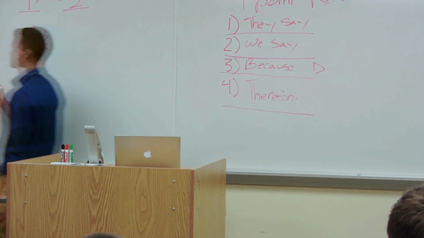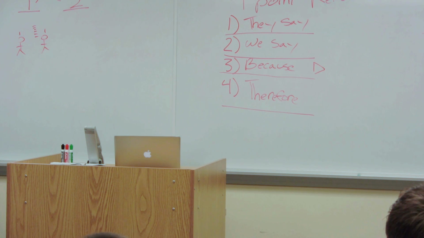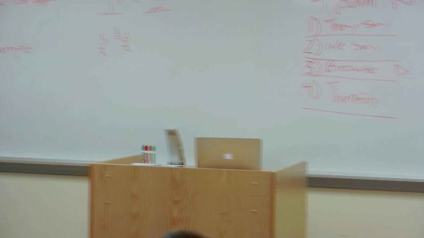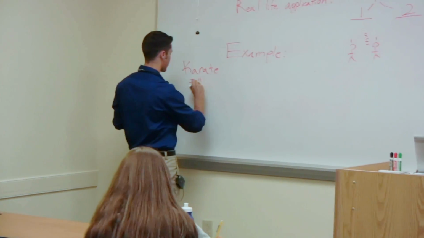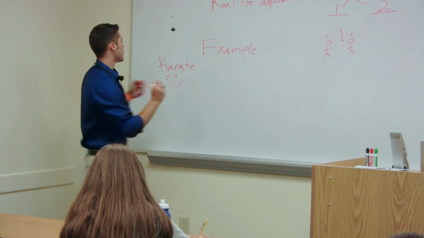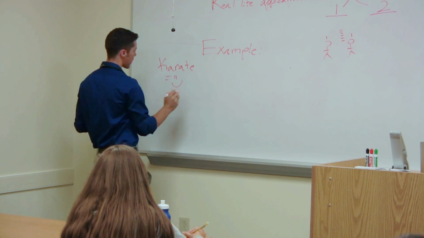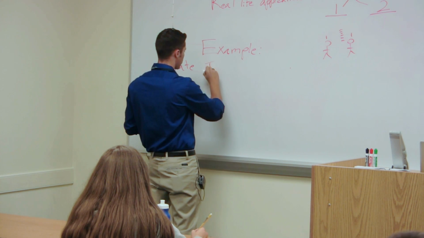4-point refutation. So let's just pretend we're gonna practice this out a lot. So let's say you say karate is good. Let's just say that. Karate equals yay. And so then that's what you say. You get up there and you say karate is great. And I say taekwondo.